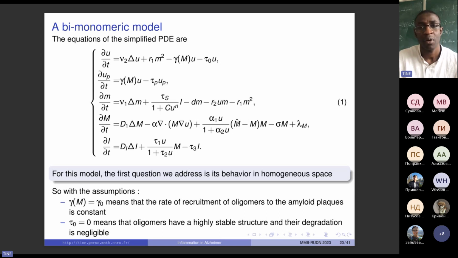We cannot have more than the maximum size for microglia. Here we have the degradation term, and here it was the basal production.